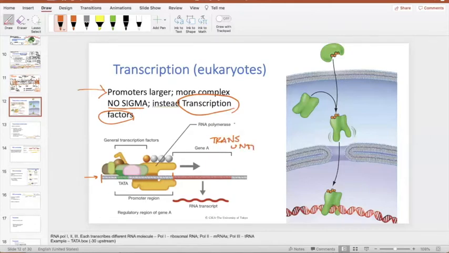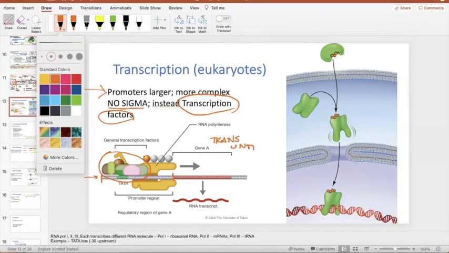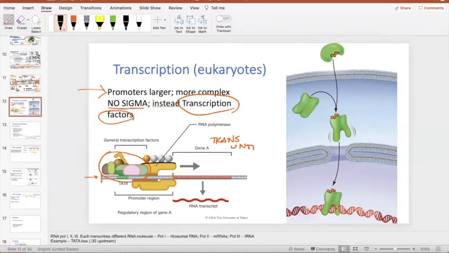All right, what I hope you can see is that there is a whole slew of additional proteins, kind of like sigma needed to bind in our prokaryotic model. We have a whole bunch of different proteins that are binding here. And these proteins allow RNA polymerase, which is this guy right here in this diagram, to recognize the beginning of the gene, okay?